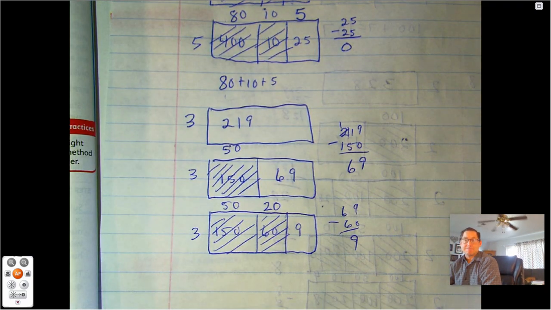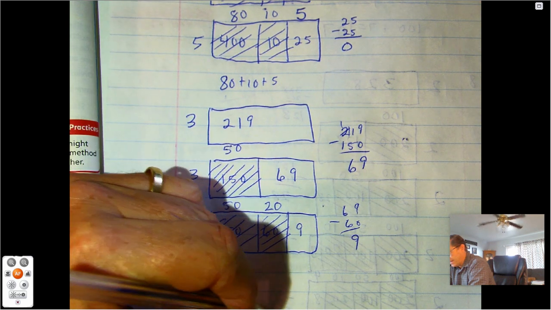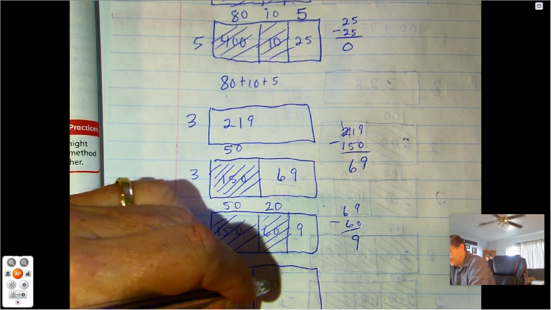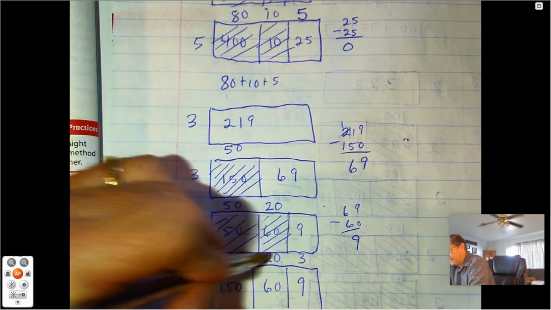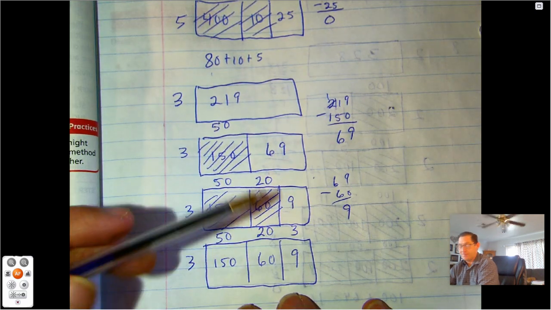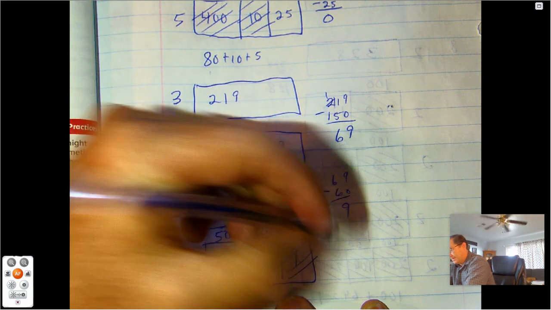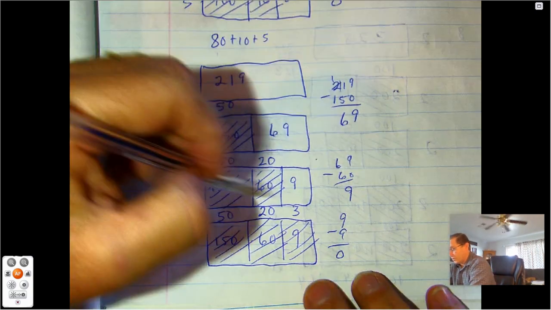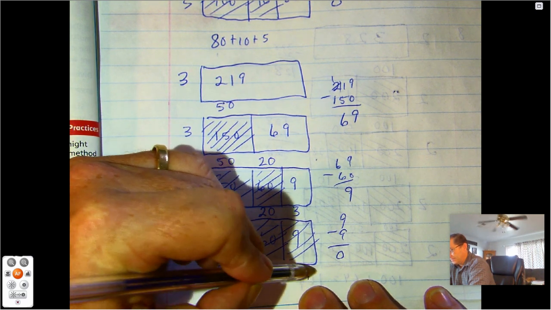All right, now I'm going to finish it off by how many 3s can I take from 9? I can take 3 3s from 9. And 9 take away 9 is 0. So our partial products are 50 plus 20 plus 3. 50 and 20 is 70, and 3 more is 73.